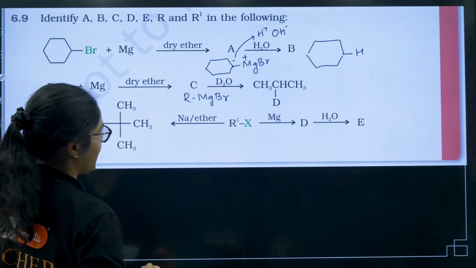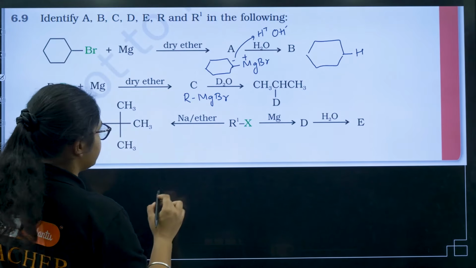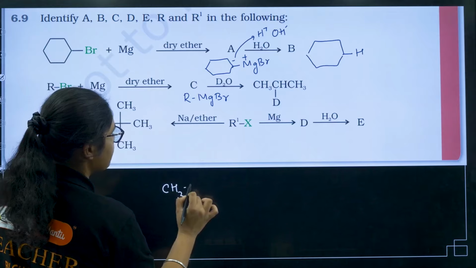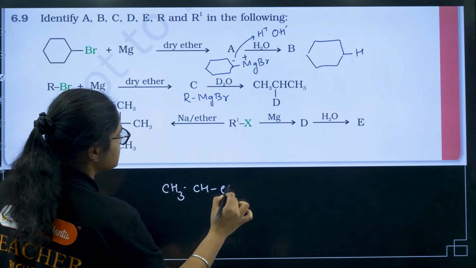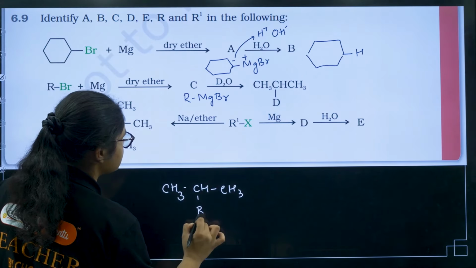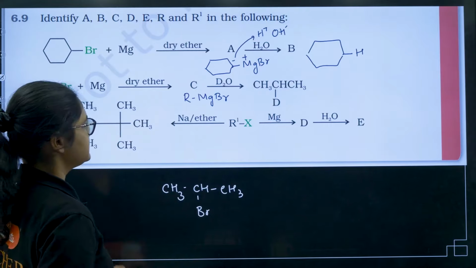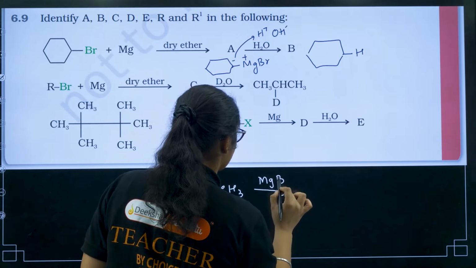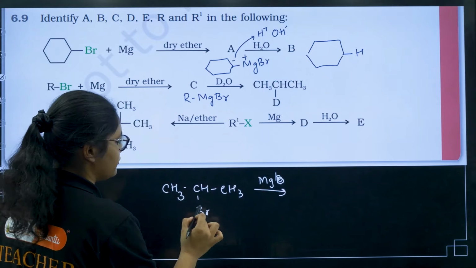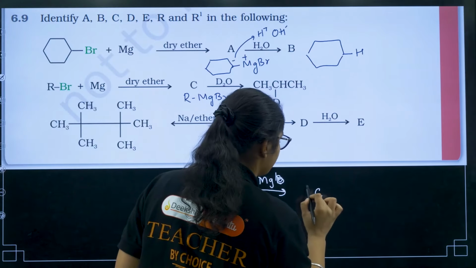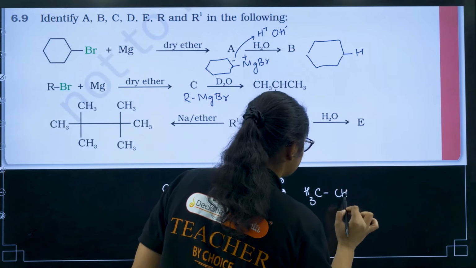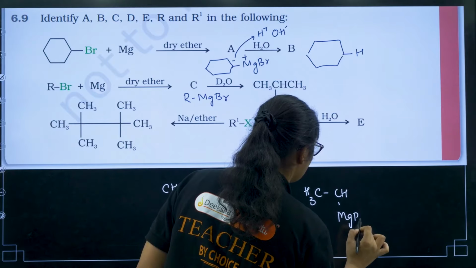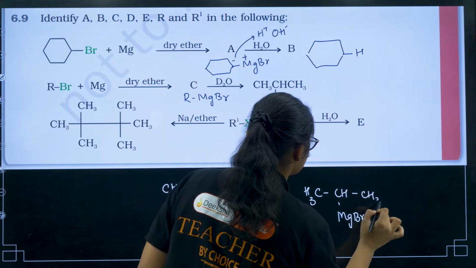Suppose this is CH3 and CH3Br is like this. If you give here Mg in dry ether, Mg will be added here. So I will get CH3 CH MgBr and CH3.